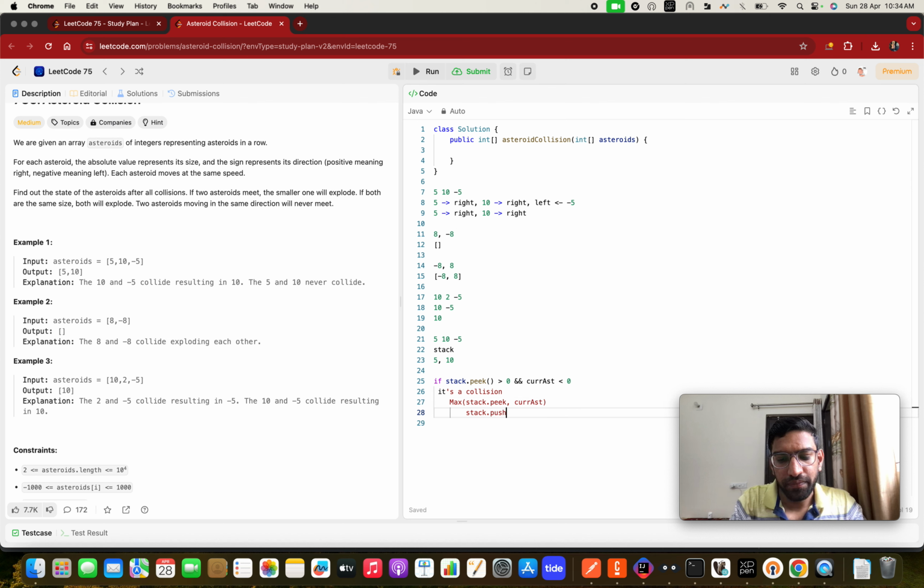But one condition to check: if the element at the top of the stack is greater than 0, it means it is moving in the right direction, and the current asteroid is moving to the left direction, then only can the collision happen. And by checking this condition using the stack, we can solve this problem statement. So let's go to the coding part and try to form the solution.